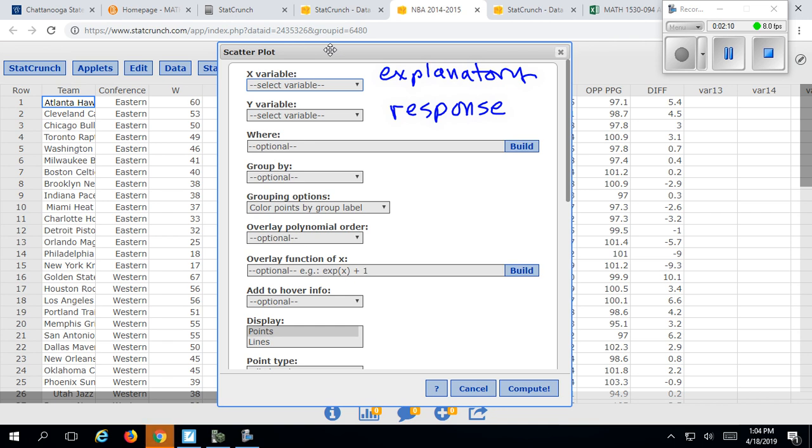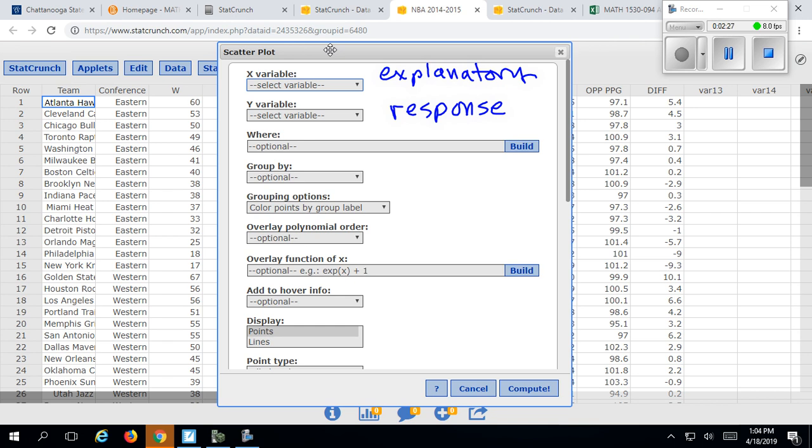So if they're related, that means if you knew a team's number of wins or their points per game, then you could probably come up with a prediction for the other one.